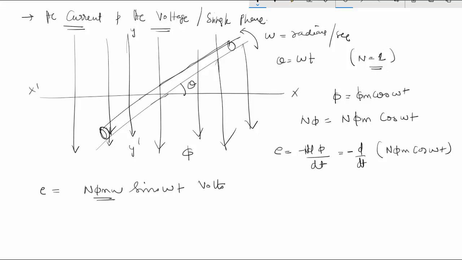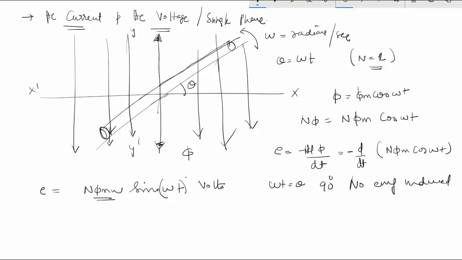So suppose when we have omega t equal to theta of 90 degree, that is the coil is in this position, parallel to the flux lines.